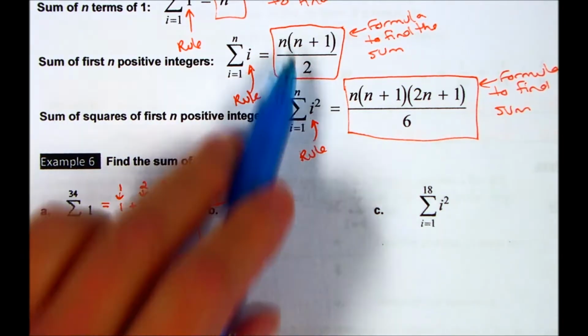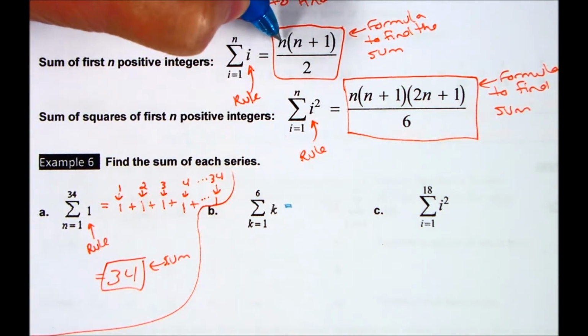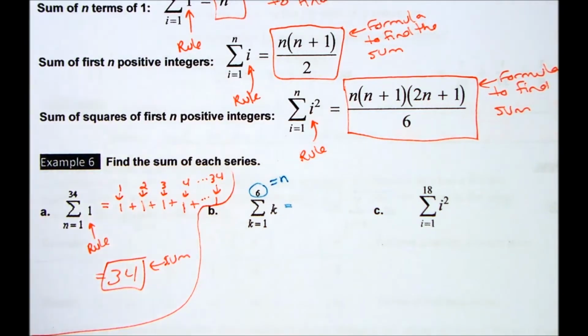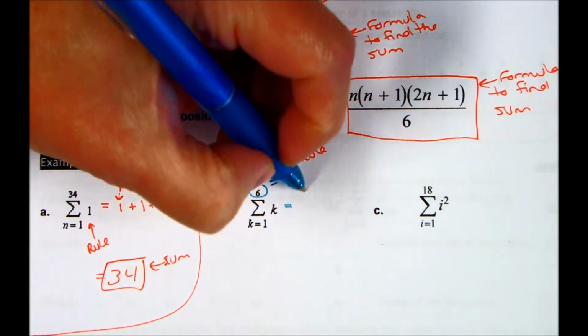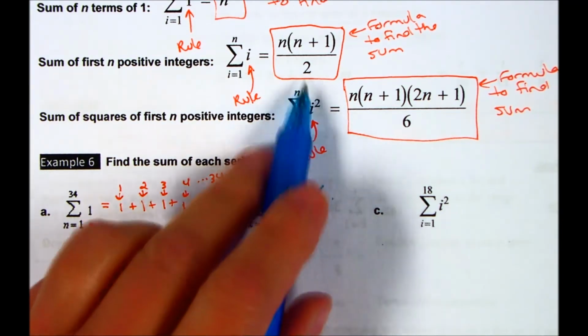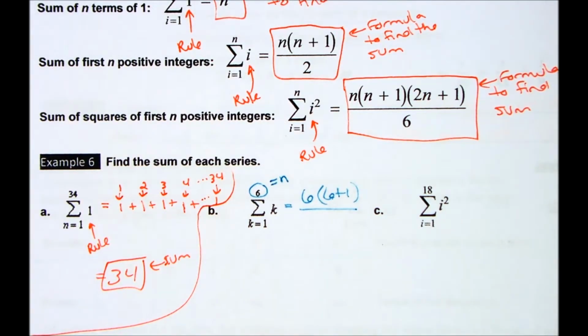So if I use the formula to find the sum, I'm basically going to plug in my upper limit. So the n is my upper limit. In this case, n equals 6. So I'm going to take 6 and substitute it in for n. Substitute 6 again for n here, plus 1 divided by 2.